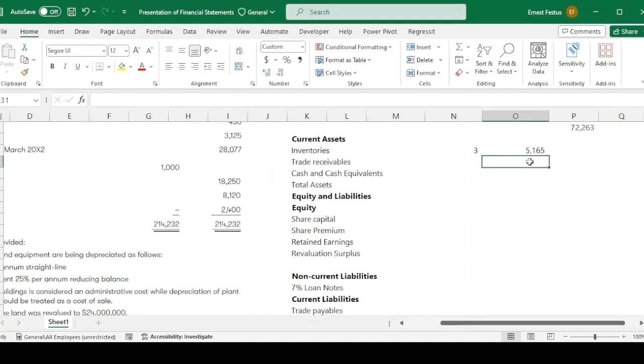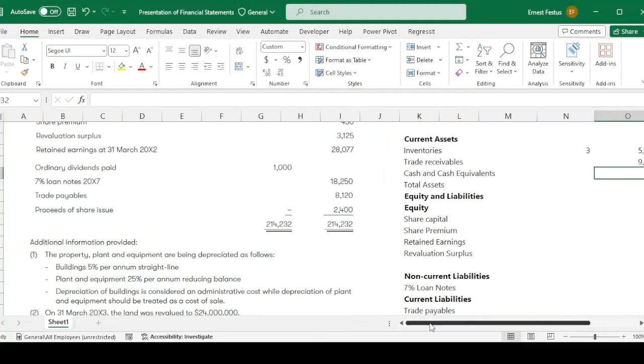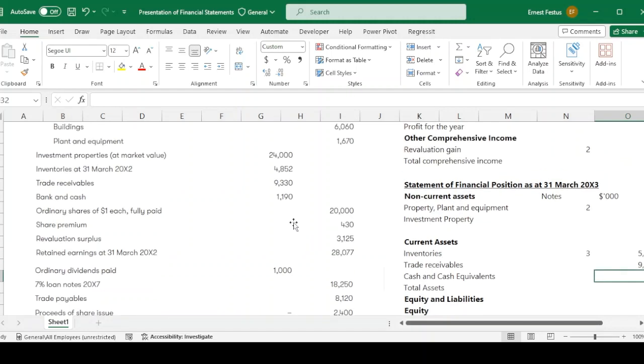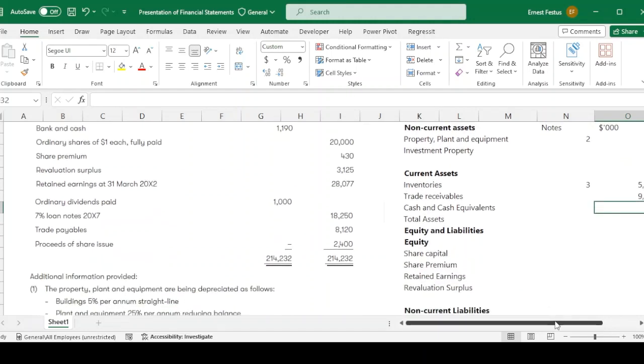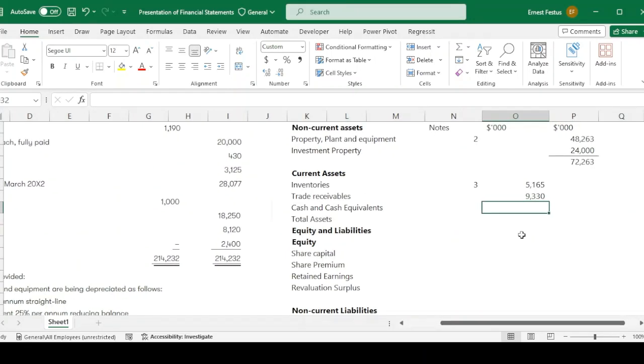then we continue to our trade receivables, which we have in our question to be 9330. Just for confirmation, so we have 9330, and we have our cash and cash equivalents to be 1190, and so I can add these together.